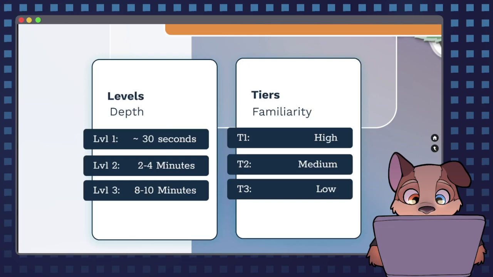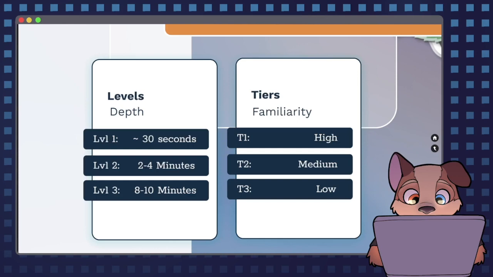The tiers here refer to how familiar your audience needs to be in order to understand your talk. A tier 1 means that they have to be very familiar with your problem in order to understand it. And that might mean that the only audience that understands your talk at first might just be you, because you're the one that has the most familiarity with it. Don't be discouraged. That is a starting point.